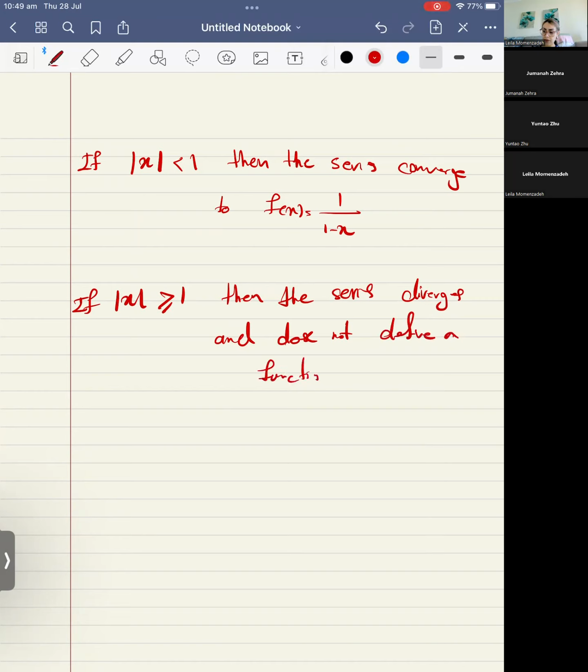You can see, if you plot this graph with a computer or with your hand or anything that you are familiar with, let me show you.